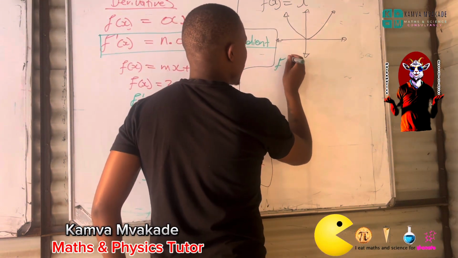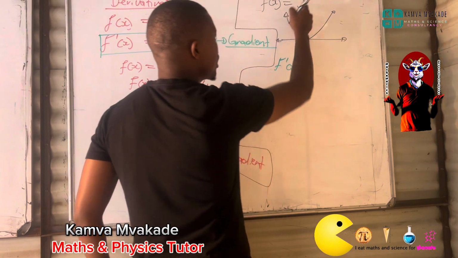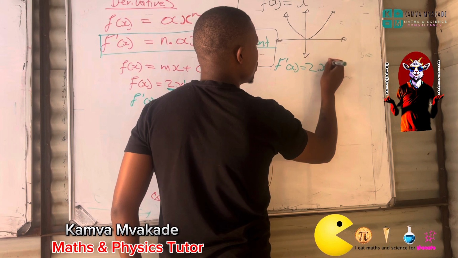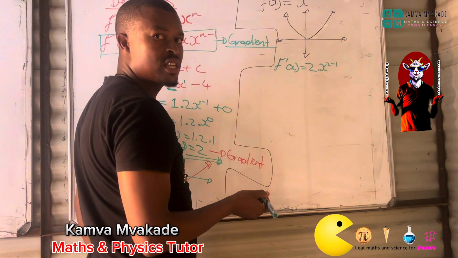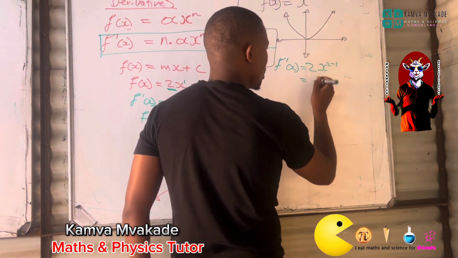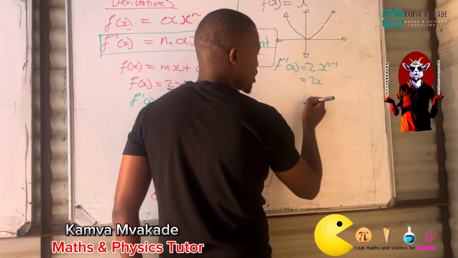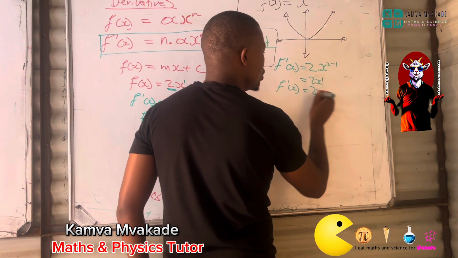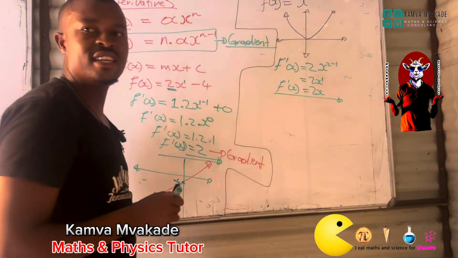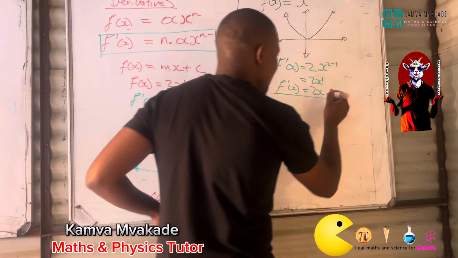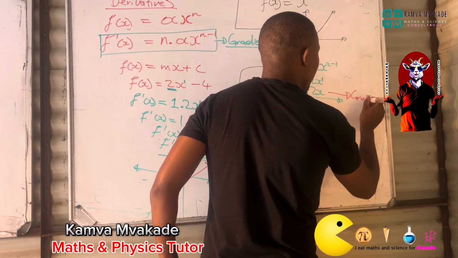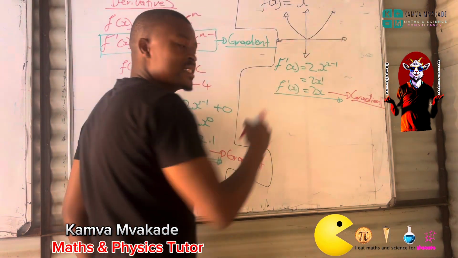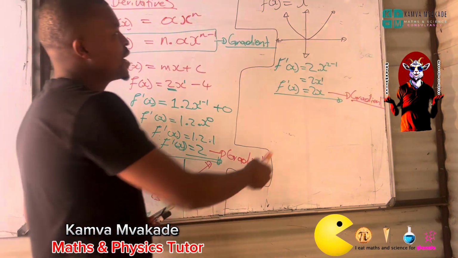Let's look at f prime of x using the power rule: the 2 comes down, 2x, and 2 minus 1 gives 1. So f prime of x is 2x. This is the derivative. It represents the gradient on this curve, on this parabola.